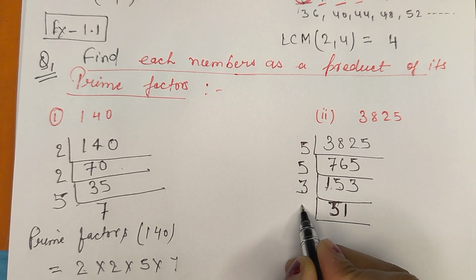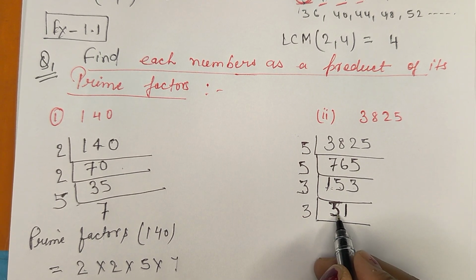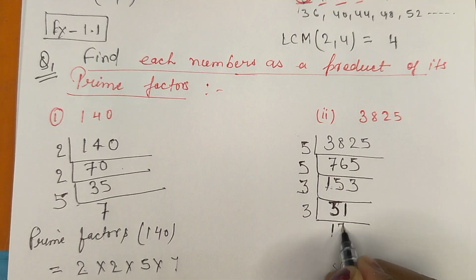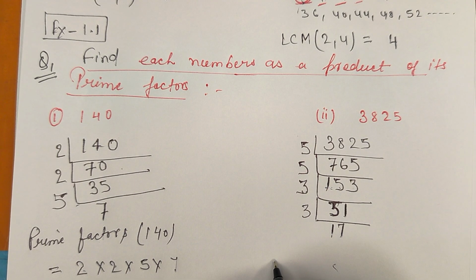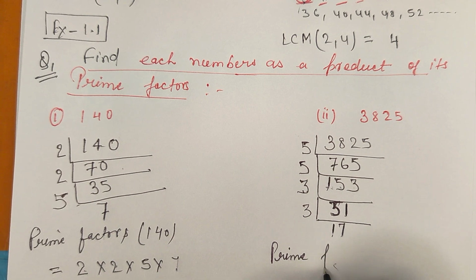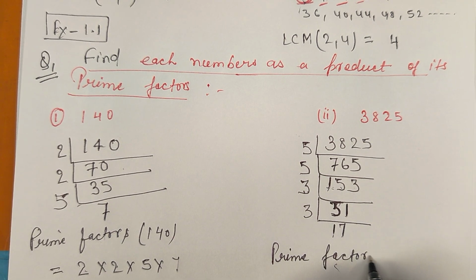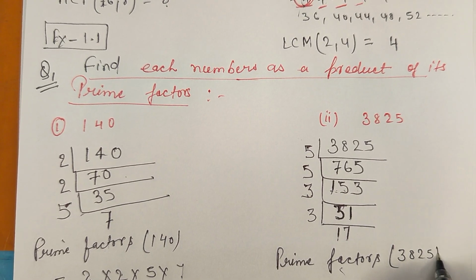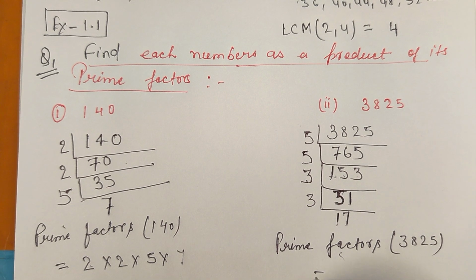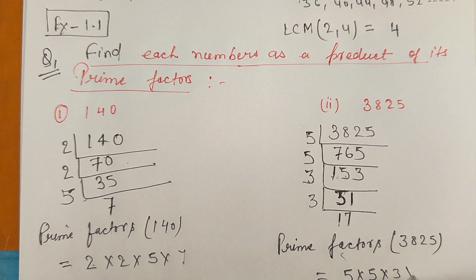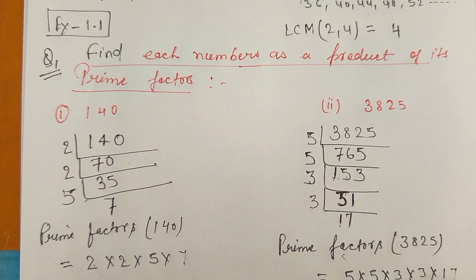Again we take 3, which gives 51, then 3 again gives 17. We get the factors: 3825 equals 5 into 5 into 3 into 3 into 17.